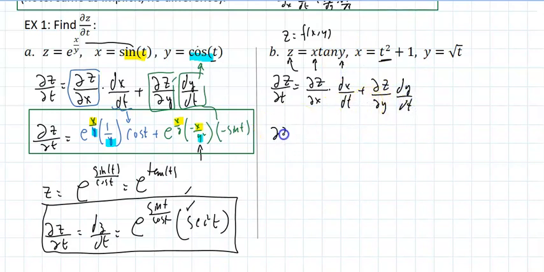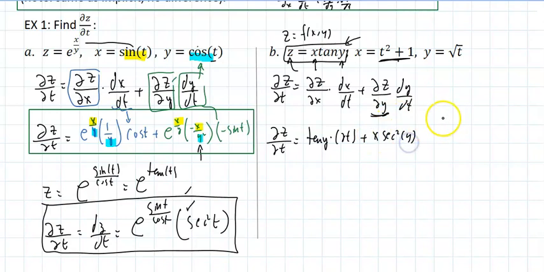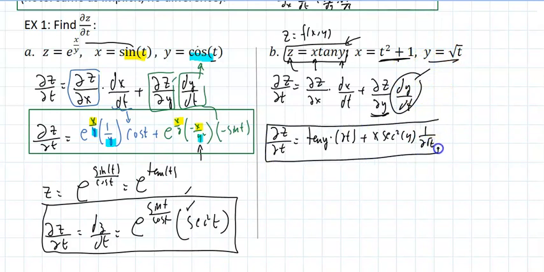So the partial of z with respect to t, the derivative of this partial with respect to x is the tangent of y. Derivative of that is 2t. Plus the partial of this with respect to y, x is a constant, that's secant squared of y, times the derivative of y, which is 1 over twice radical t. You're done right there. You leave it at that.